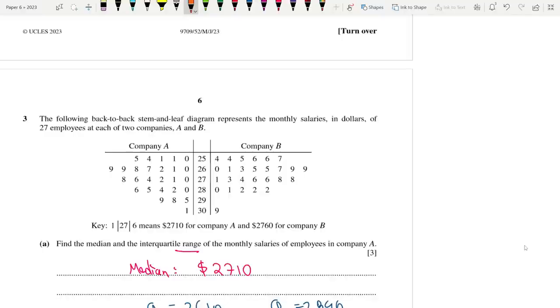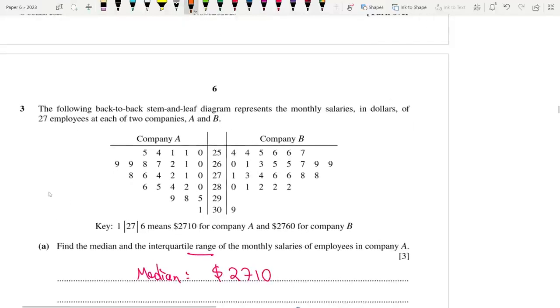So firstly, for median, we need to find out the total number of employees, 27. So for odd numbers, the formula for median is n plus 1 by 2, that value, 27 plus 1 by 2, which is the 14th value.